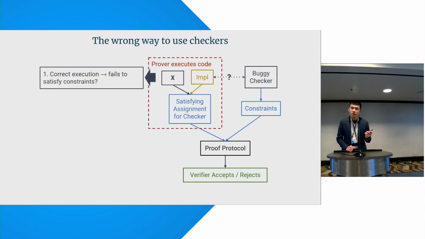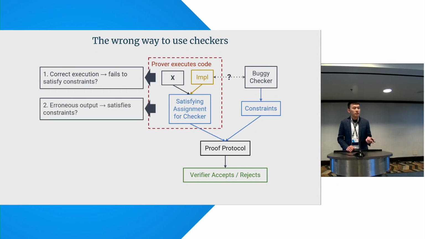If the buggy checker is too restrictive, then it might be the case that the prover correctly executes the implementation, yet still fails to find a satisfying assignment for the constraints. On the other hand, this buggy checker might be too relaxed, which allows the prover to produce an erroneous output, yet somehow still manage to satisfy the constraints. Both compromise the correctness of the system entirely.